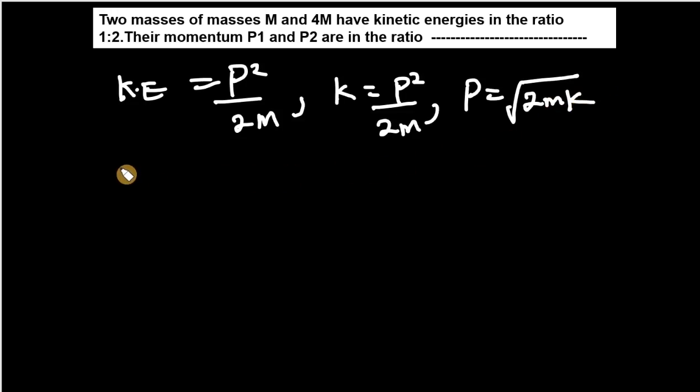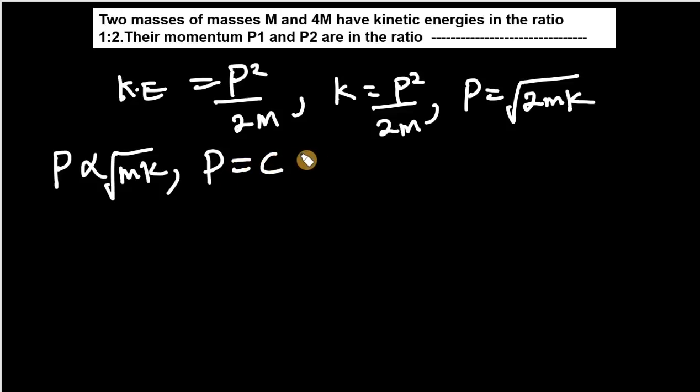And we see quickly that P varies as root mK if we consider the variables. Now, as we did previously, if we introduce a constant, let's call it C, so it will be different from this K. We have P equals C root mK.